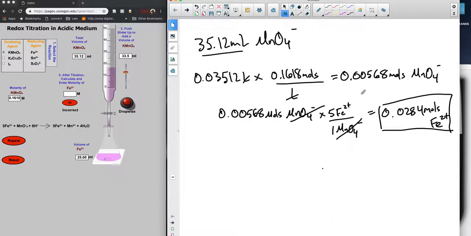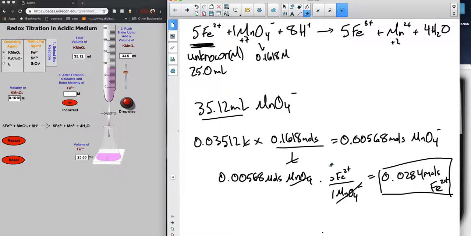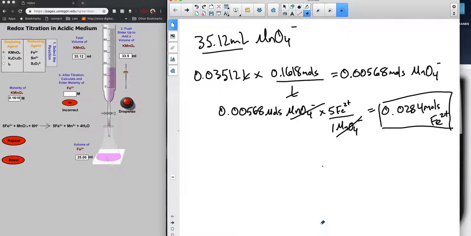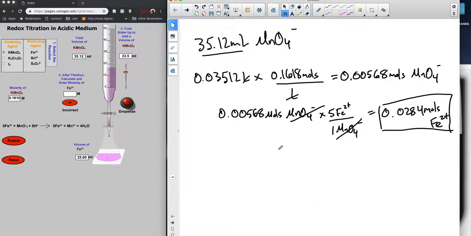Some questions will say how many moles, some questions will say what was the initial concentration. So here we're actually going to be doing the initial concentration. We had 25 milliliters in our beaker to begin with. So remember that the molarity is equal to the moles per liter.